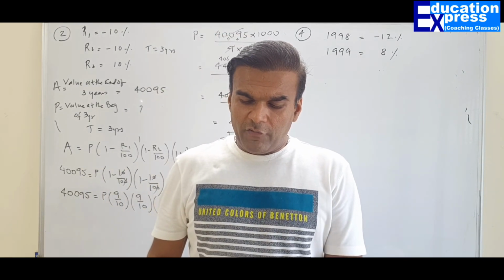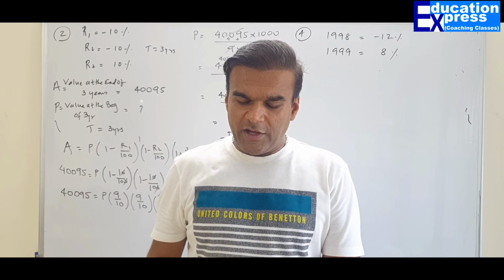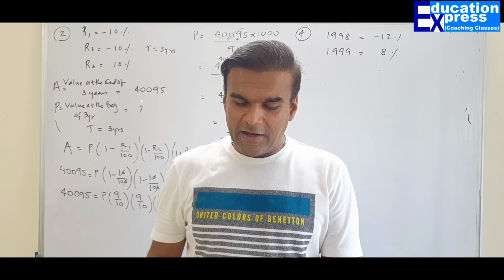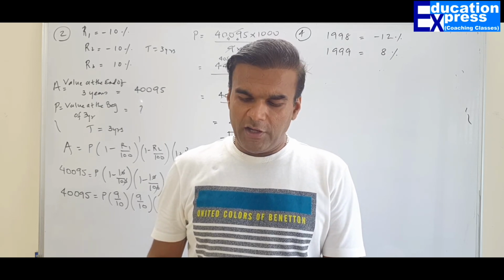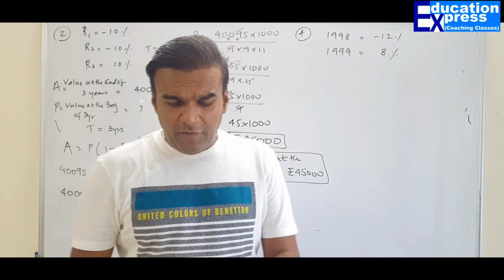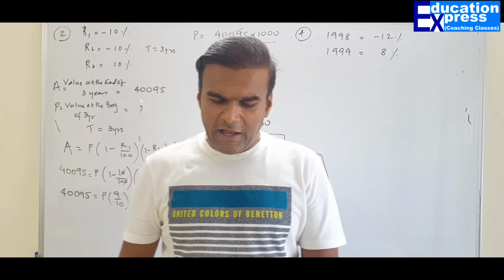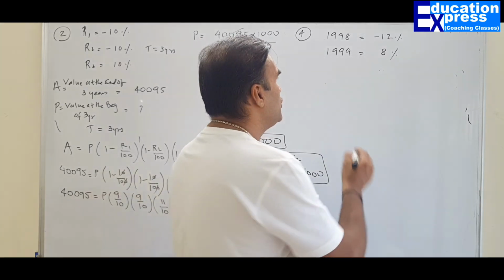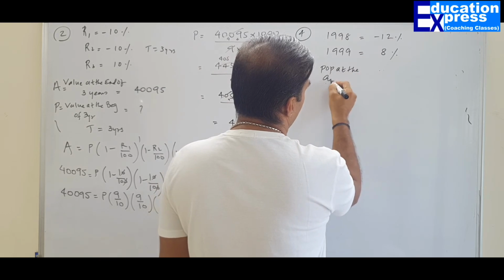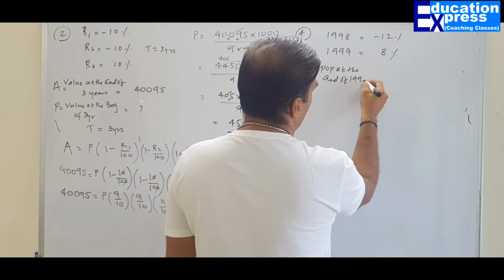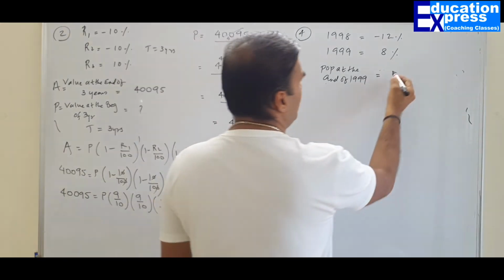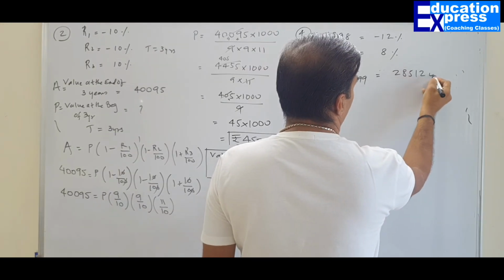The population of a town decreased by 12% during 1998 and then increased by 8% during 1999. Find the population of the town at the beginning of 1998, if at the end of 1999 its population is 285,120.